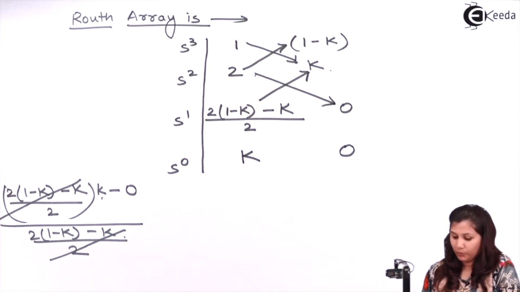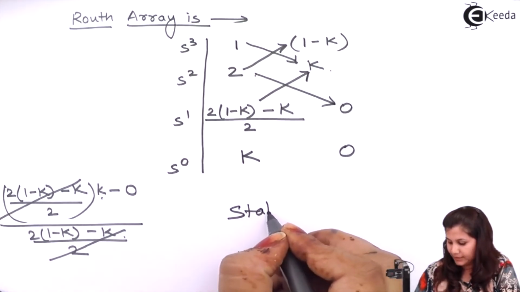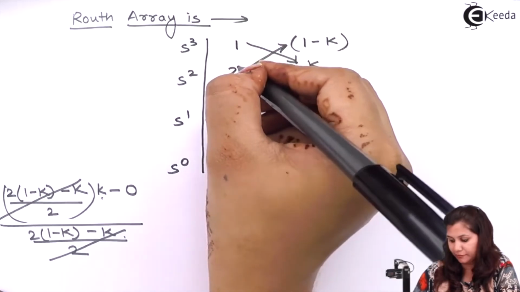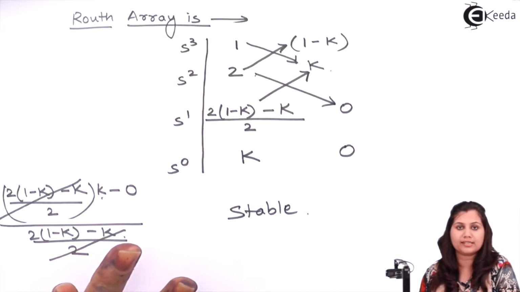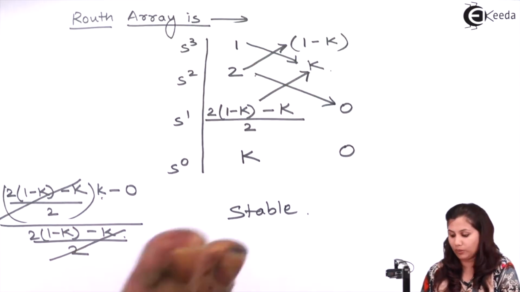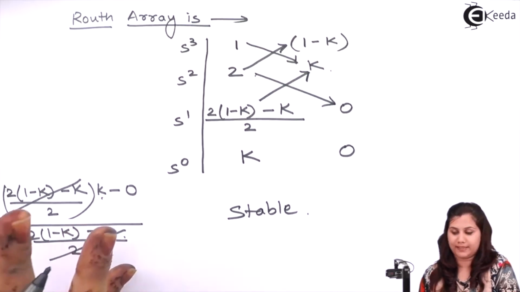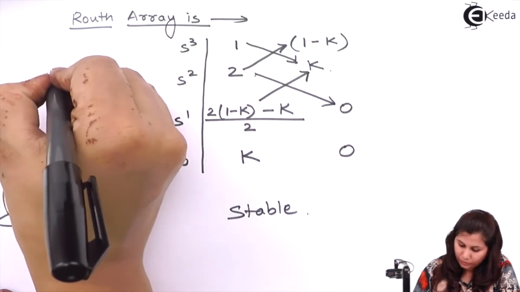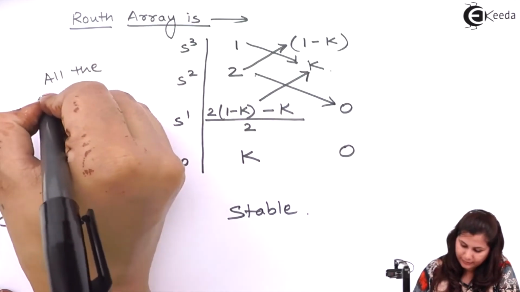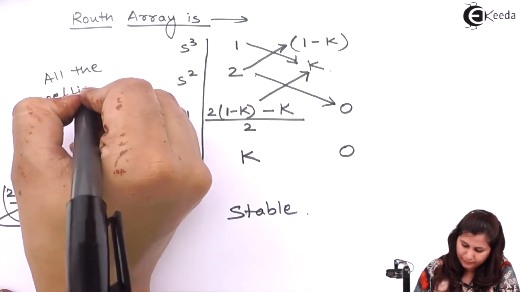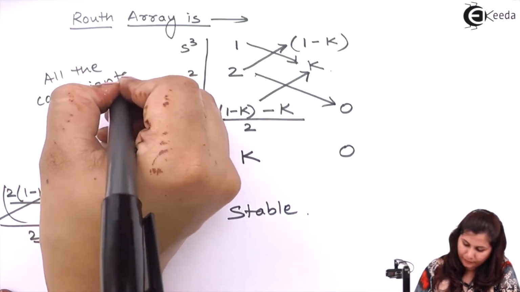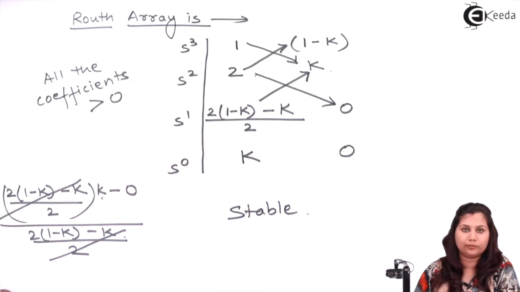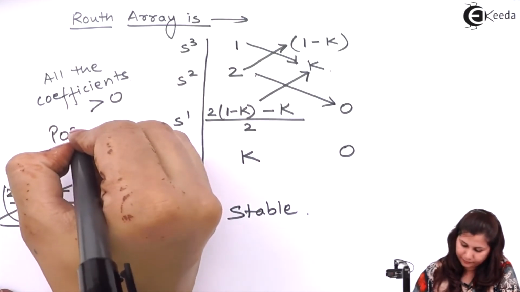Okay. Now for this system to be stable, the system will be stable when in the first column all the coefficients are greater than 0, that is positive.